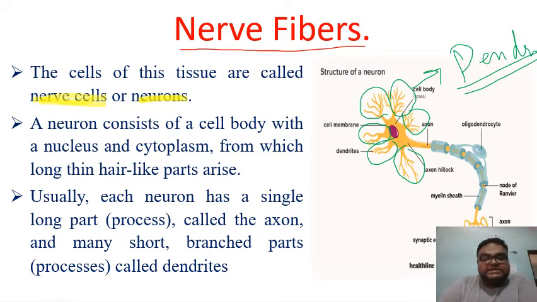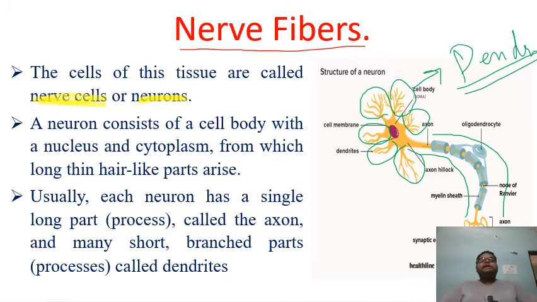And from this cell body only arises the axon. From this cell body a process arises, and this process is called the axon. And this axon is covered by myelin sheaths. So this is the general structure of a nerve cell, right?